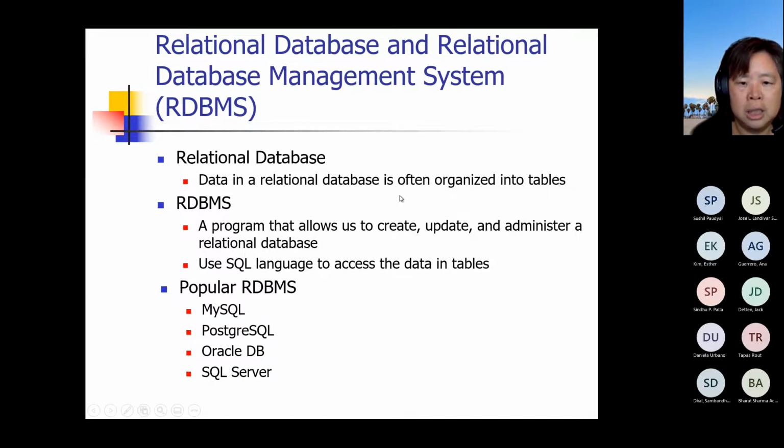And we know the data are all represented in tables. That's the reason we call it a relational database. Actually, relation is a mathematical term to represent the table. We already covered this, so I will not go over it again.